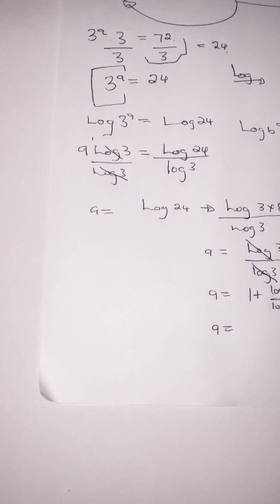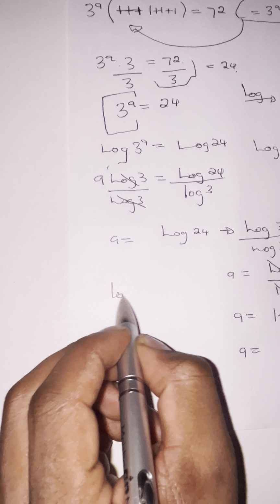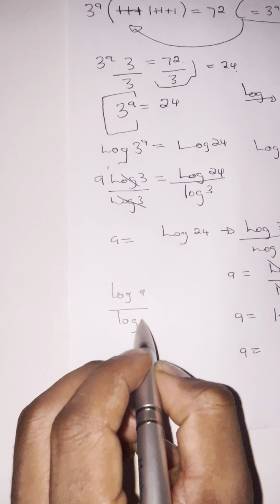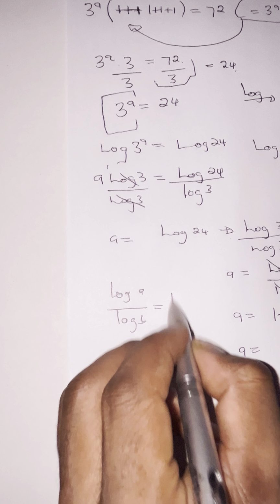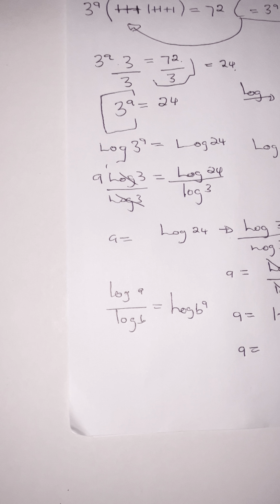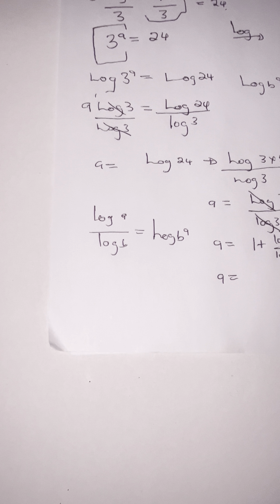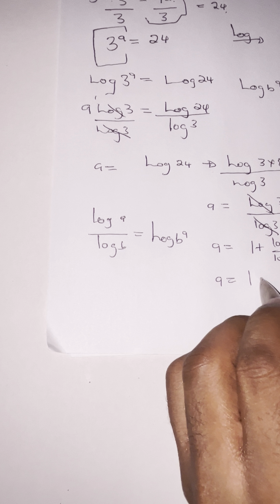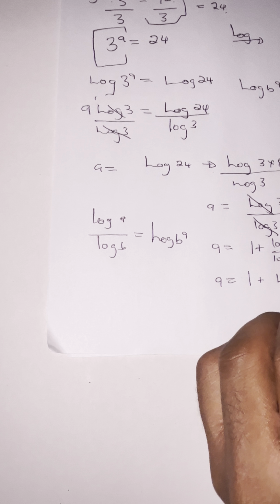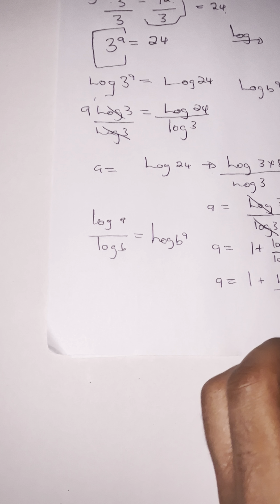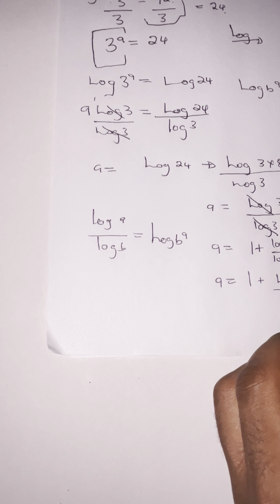Let's continue with what I've promised. The law of exponent says log a divided by log b is equal to log base b of a. So a is equal to 1 plus log 2^3, which is 8, divided by log 3.